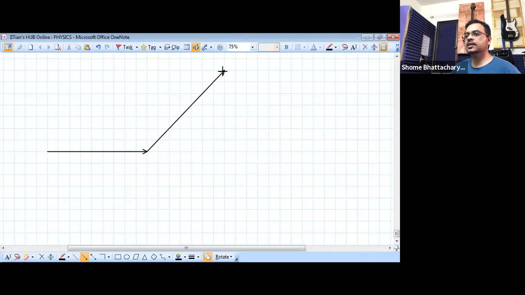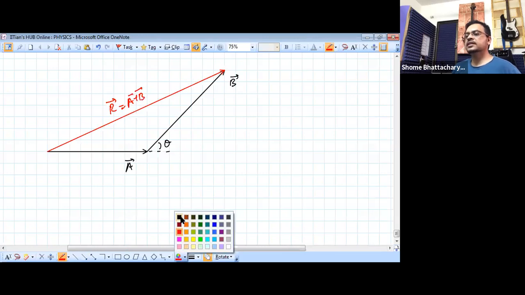A and B we have constructed like this, head to tail, and this angle here is theta, and the resultant sum of A and B is becoming the third side, which is this. We want to find the third side of this triangle, given that this side's length is capital A, this side's length is capital B, and this exterior angle is theta.